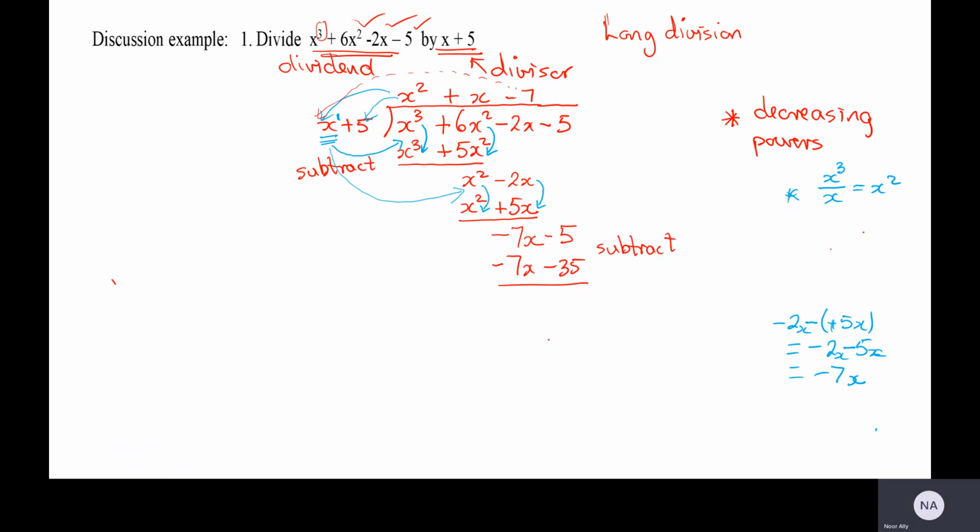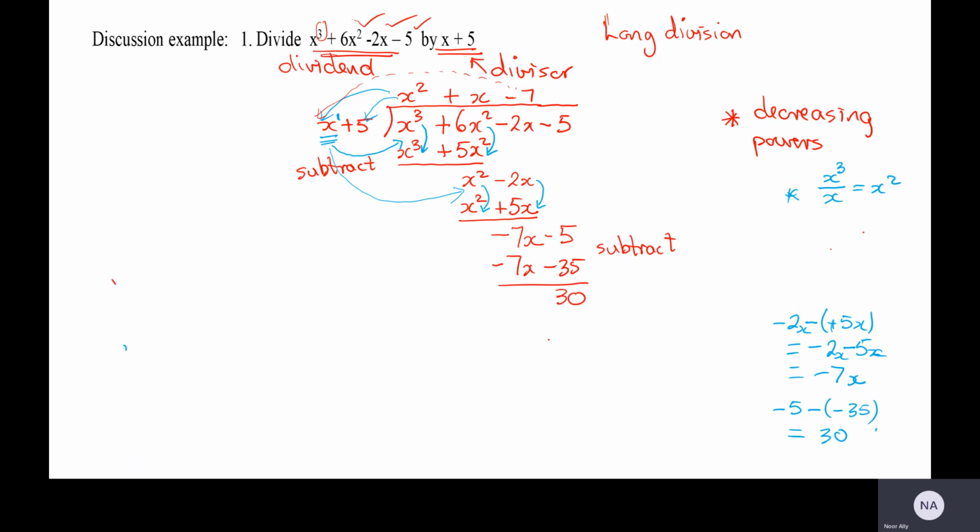So this one will be negative 5, negative 35. What will the answer be? That's going to change to positive. Negative 5 plus 35 gives you 30. And that would be the answer that we will write here.